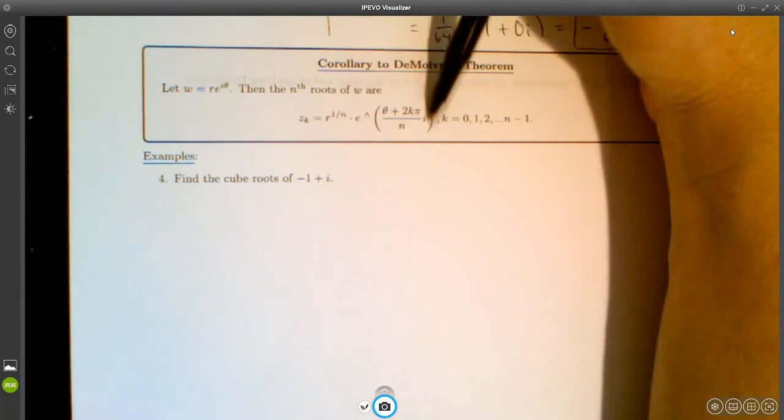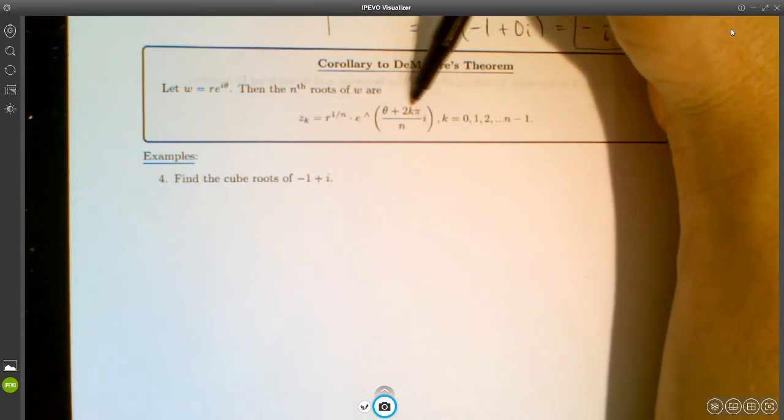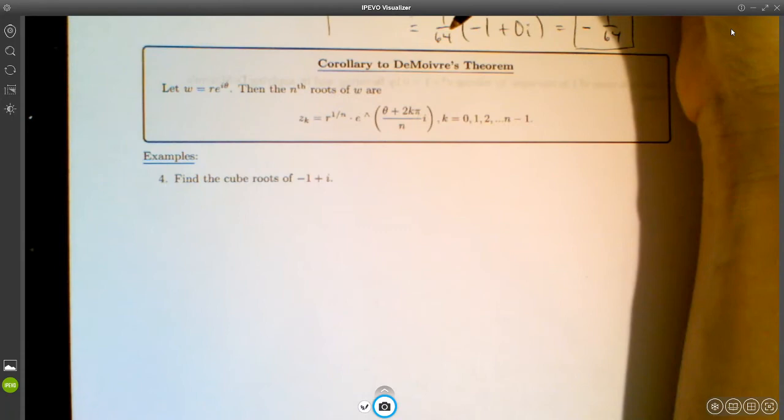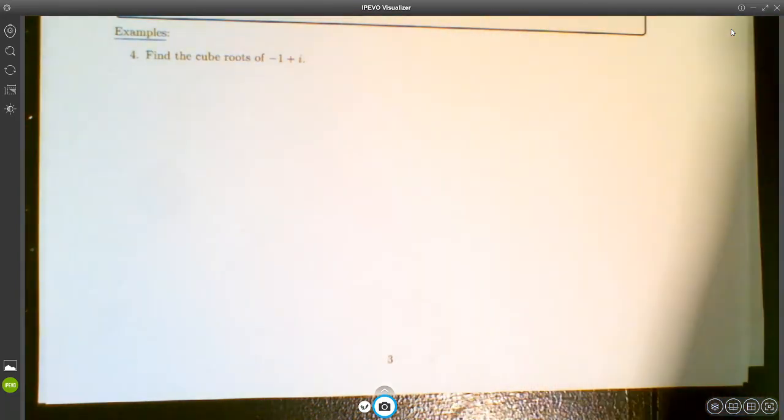This generates a whole bunch of nth roots. It doesn't just give you one nth root. It's going to give you a different nth root for every value you plug in for k, which is good. We'll talk about it in a second. Let's just apply this corollary to de Moivre's theorem to this first problem. It says find the cube roots of negative 1 plus i.